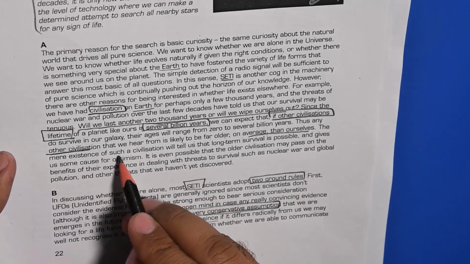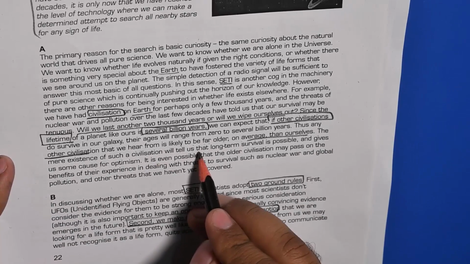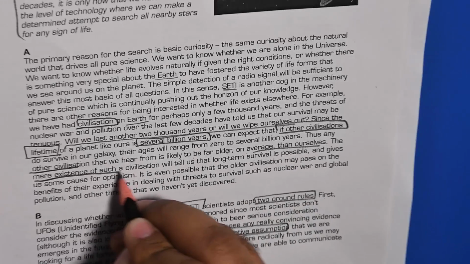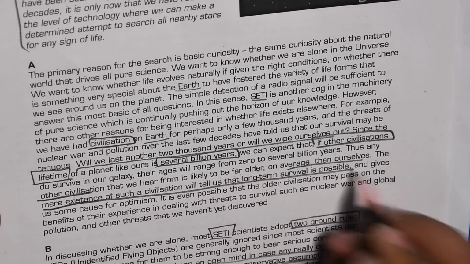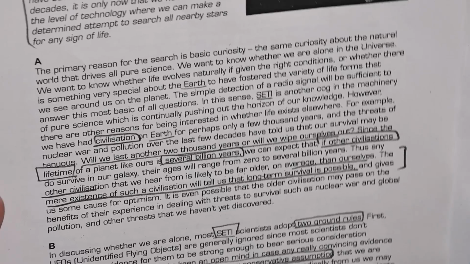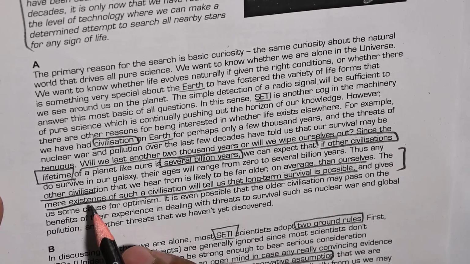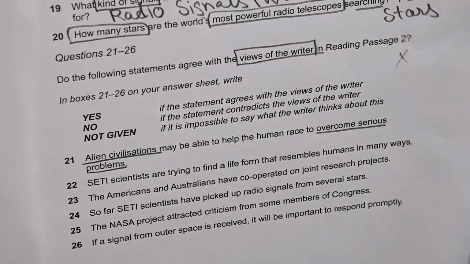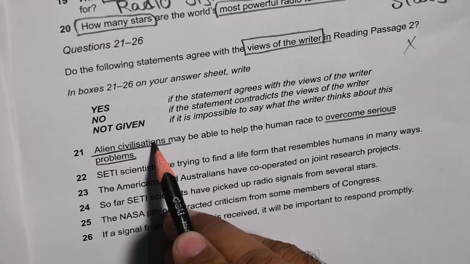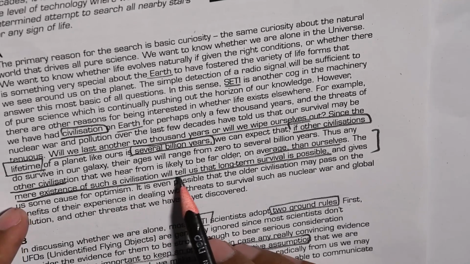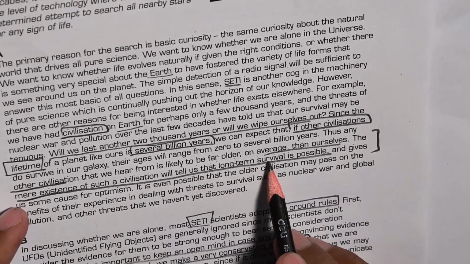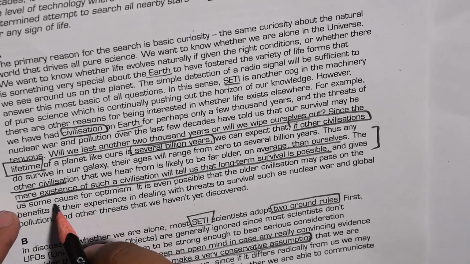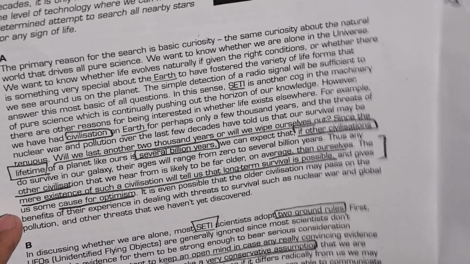The mere existence of such a civilization will tell us that long-term survival is possible. Yeah. This sentence is the holy sentence. The mere existence of such a civilization means alien civilization, okay, will tell us that long-term survival is possible and gives us some cause for optimism.